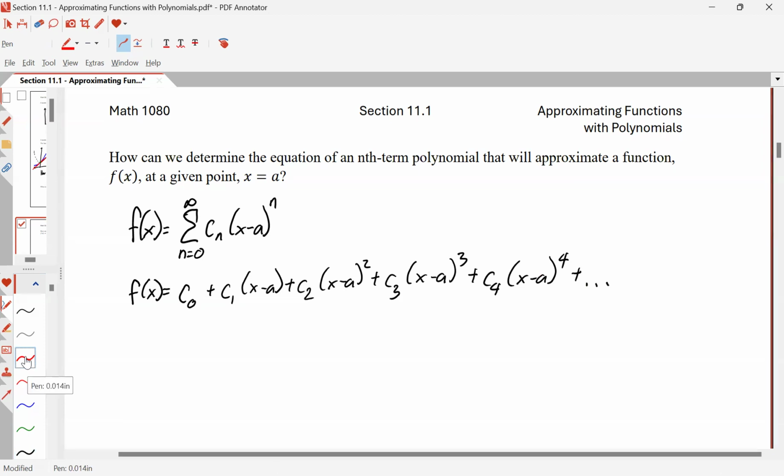Well, I want to know what these coefficients are, or some way to find these coefficients. Right now, they're just any number. They could be any number at all.